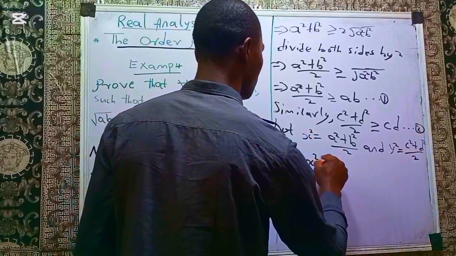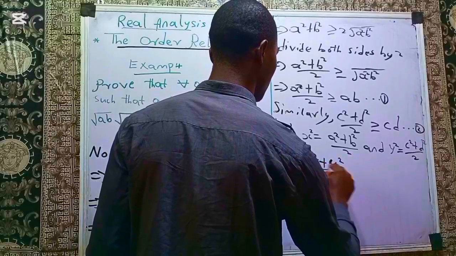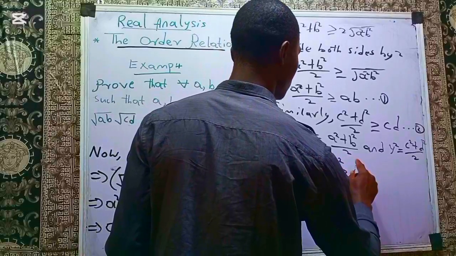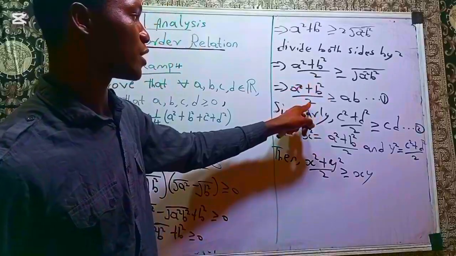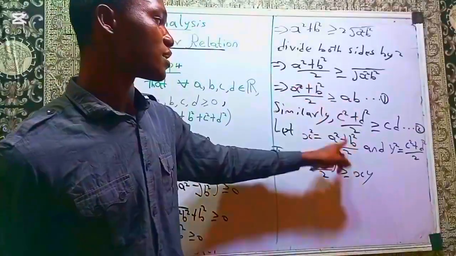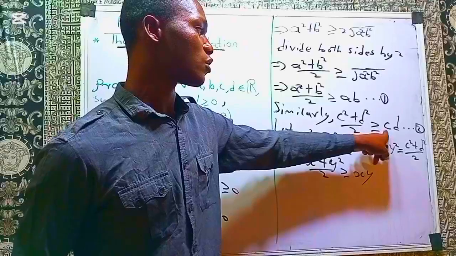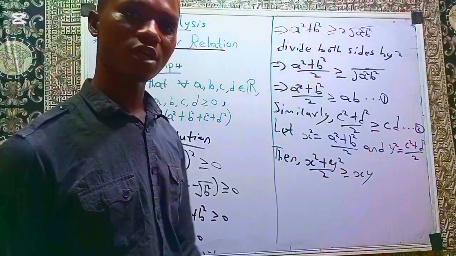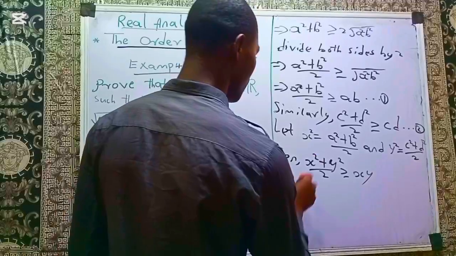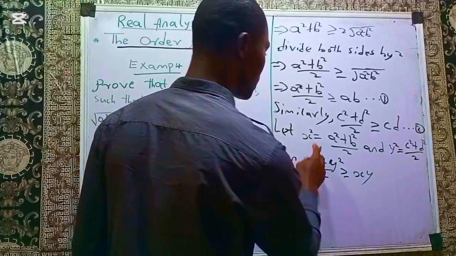Because of that, (x squared plus y squared)/2 must be greater than or equal to xy. Since (a squared plus b squared)/2 is greater than or equal to ab, and (c squared plus d squared)/2 is greater than or equal to cd, then (x squared plus y squared)/2 must be greater than or equal to xy. So what is x squared?